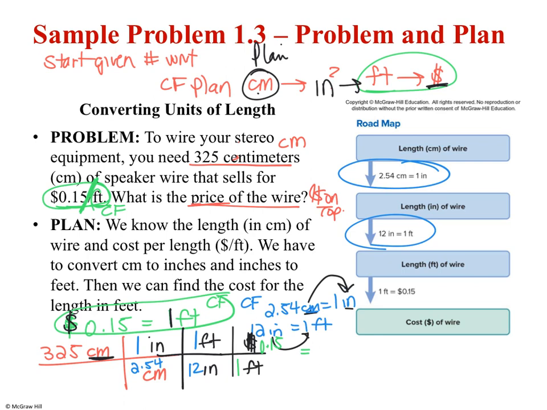And then I'm going to take that and times by 0.15. And then I get an answer that's 1.59940945 dollars. And now we'll talk about significant figures.